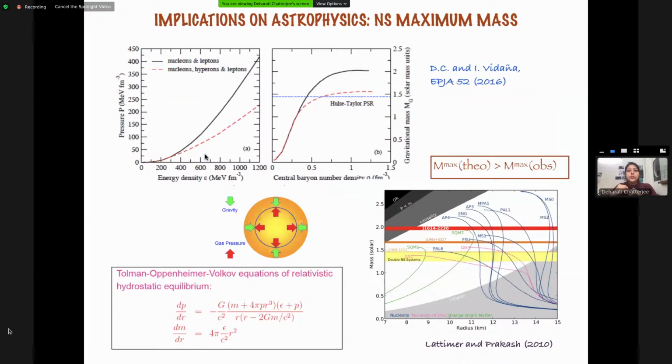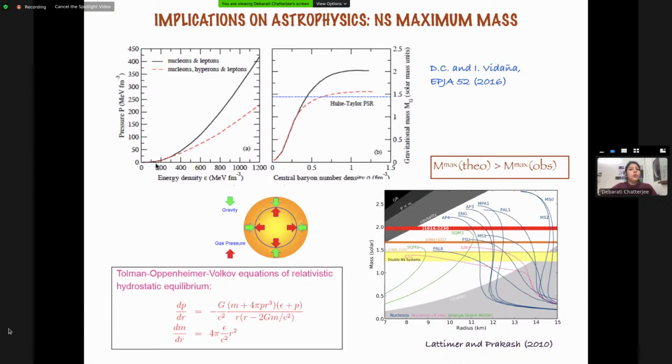But we can try to understand the internal composition by connecting it to some kind of observable, right? And this is why we need neutron star models. To give you an example of why the maximum mass comes into play here, you see in the top figure, in this equation of state plot of pressure versus energy density, the black line shows you what happens if there are only neutrons and protons along with electrons.